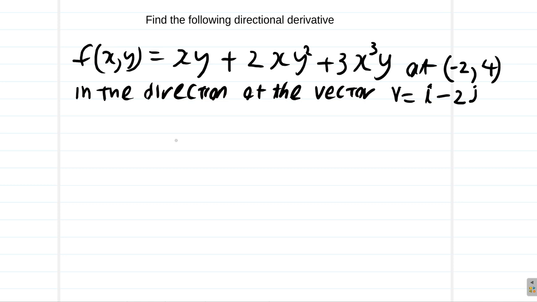we need to remember the steps that we're going to take in finding the directional derivative. Remember also that the directional derivative is a scalar, and the directional derivative at a specific point in the direction of a vector measures the rate at which the function changes as you move from that point in that particular direction.